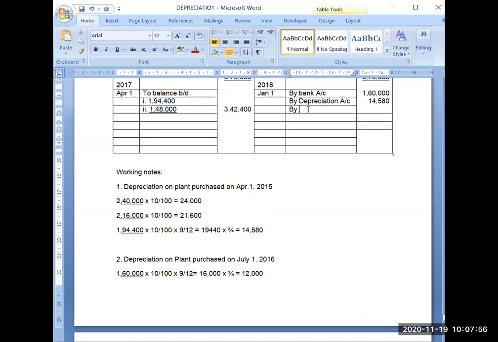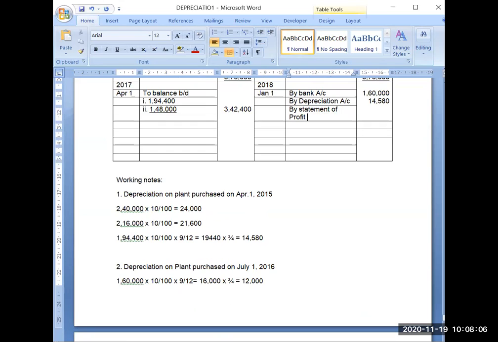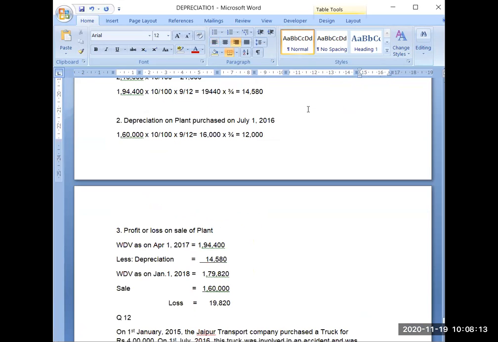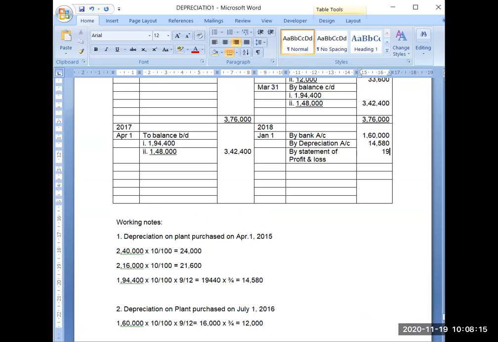So by statement of profit and loss 19,820. So this way the first plant account has been settled.